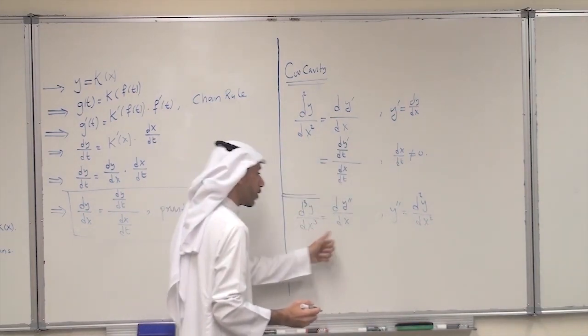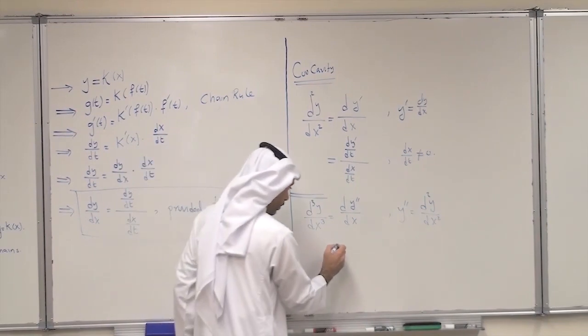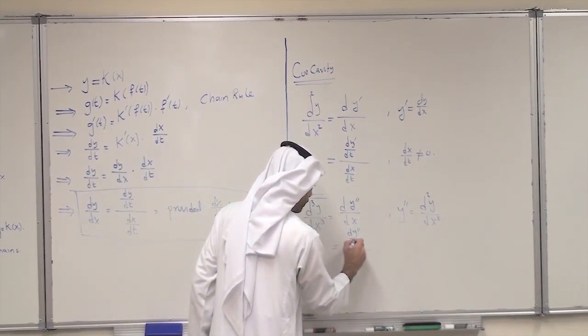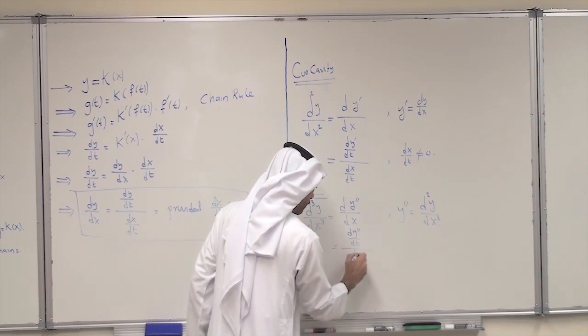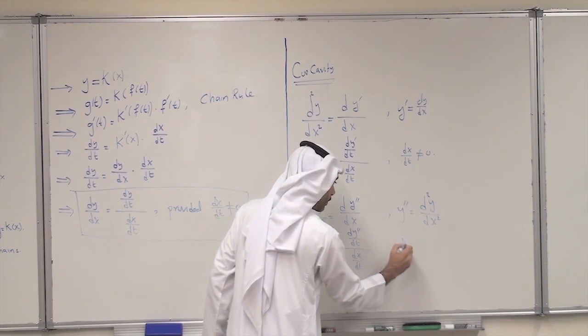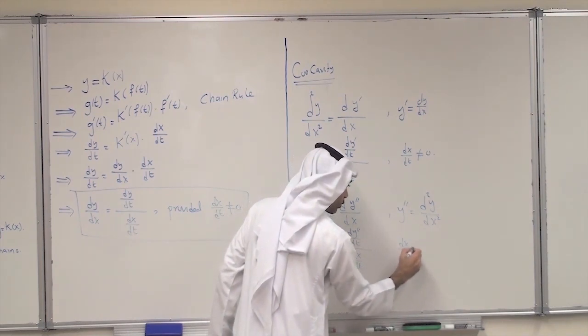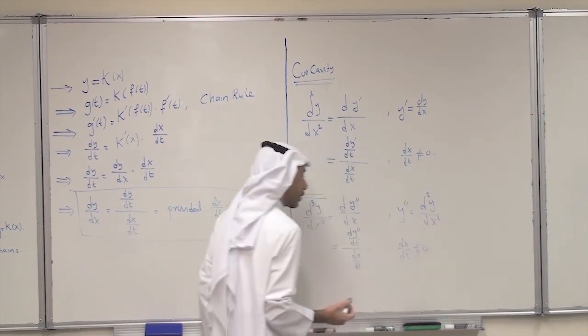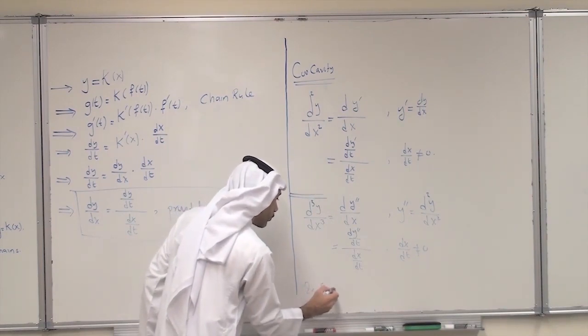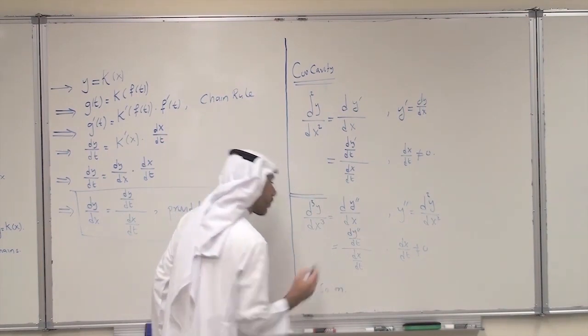Now apply the formula for the first derivative. This gives us the following: d(y double prime)/dt over dx/dt. Again, dx/dt has to be different from 0. And so on, and so on. We can continue finding higher derivatives.